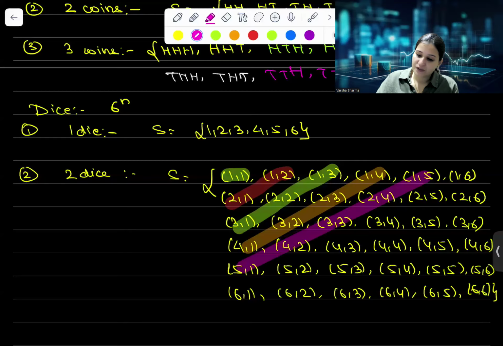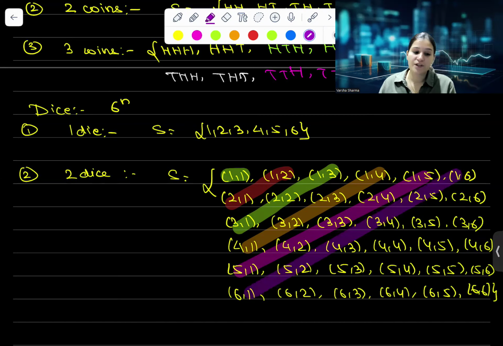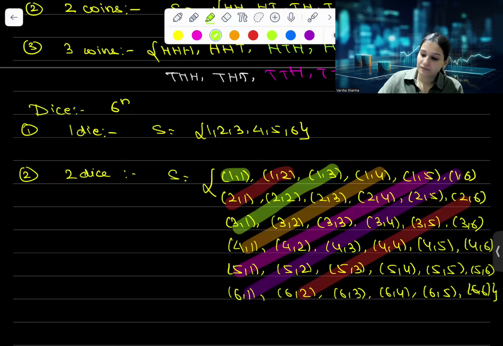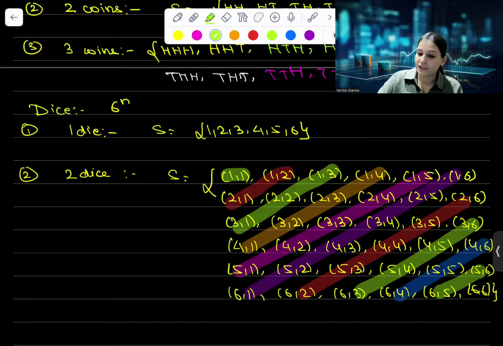These 5 numbers will give you a total of 6. These 6 numbers will give you a total of 7. Total 8. Total 9. Total 10. Total 11. Total 12. Only one way gives you 12.